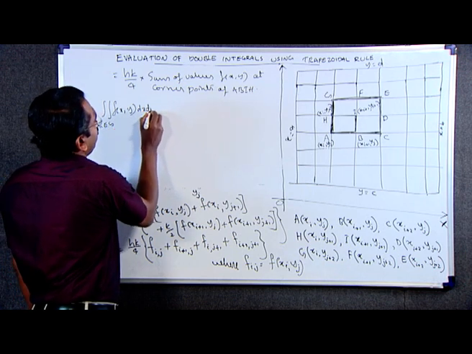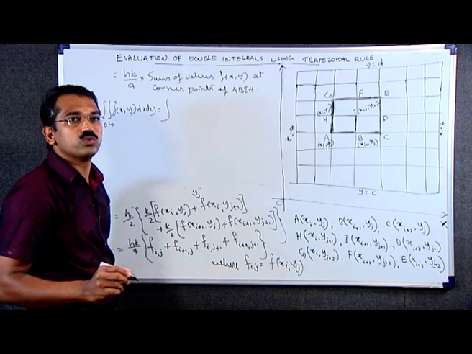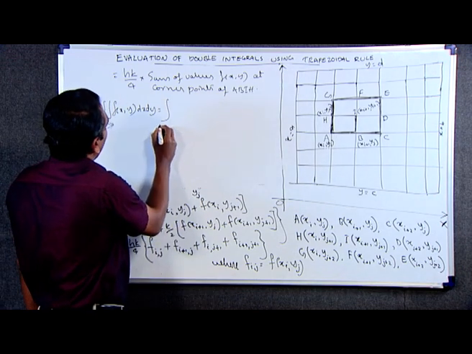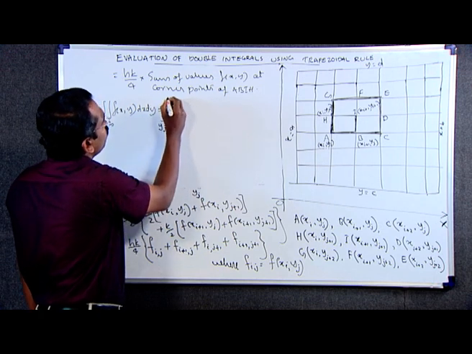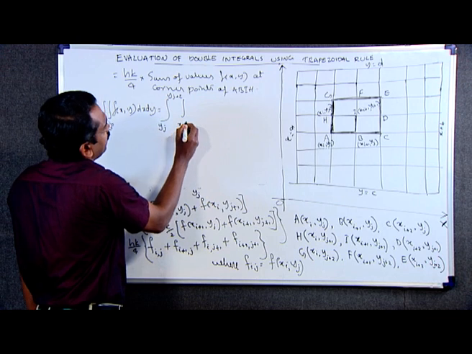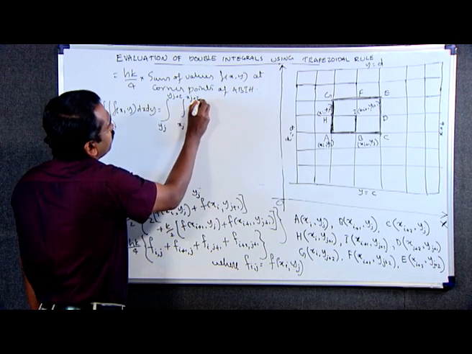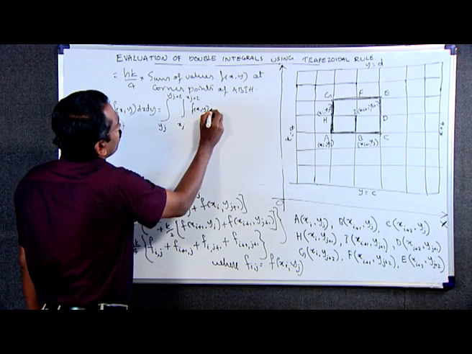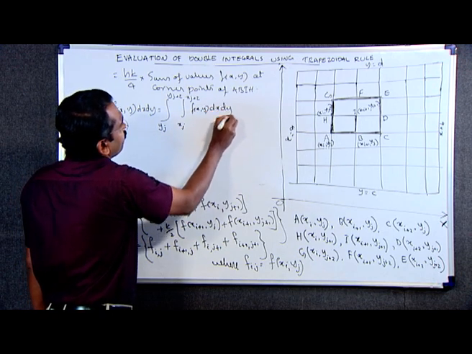dx dy, which is equal to the integral from yj to yj plus 2, integral from xi to xi plus 2, f of x comma y dx dy.